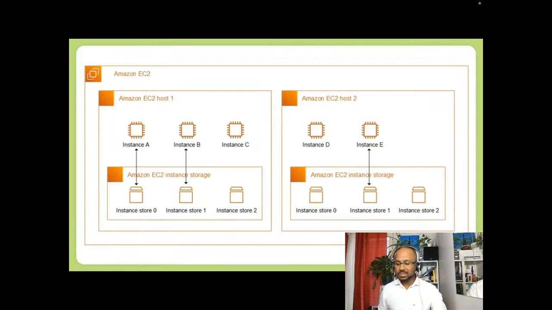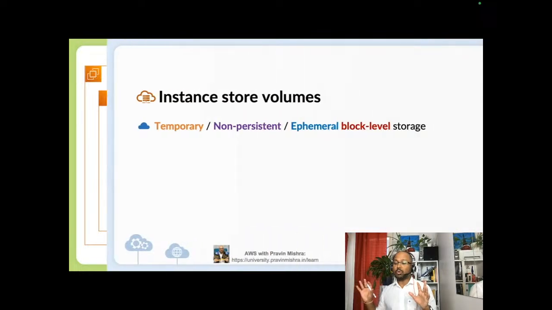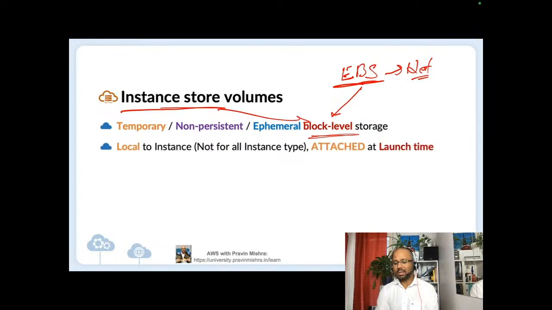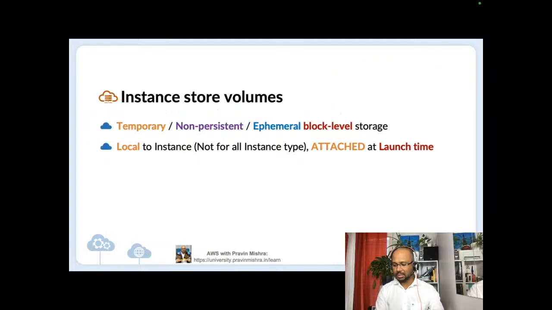So this is the difference between EBS and instance storage. Both are block storage, but EBS is network attached and this is locally attached, local to the instance. So instance storage is local to the instance. I hope now this is clear to you.